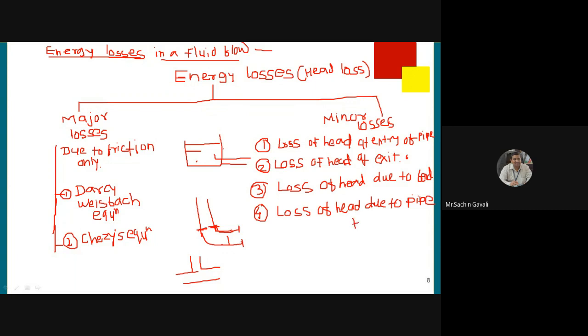Loss of head due to pipe bend, loss of head due to pipe fittings, and fifth one is what?